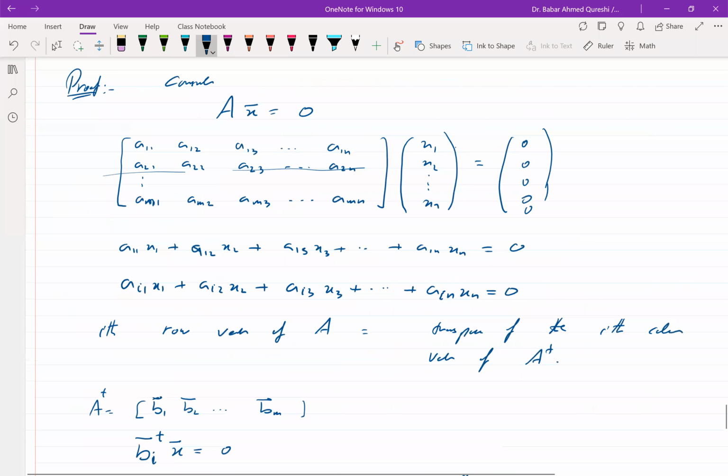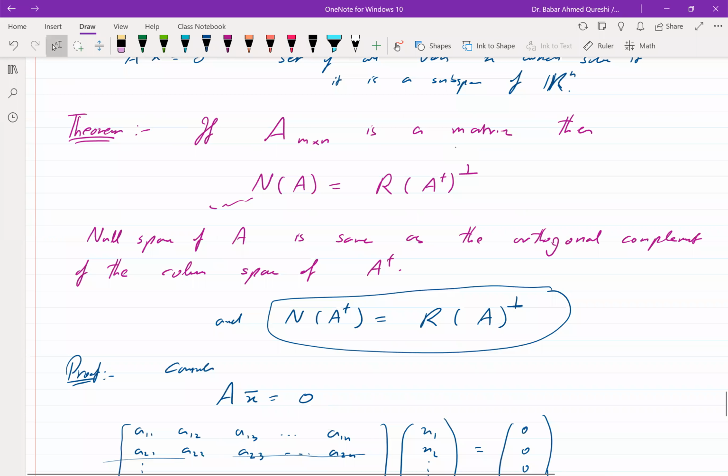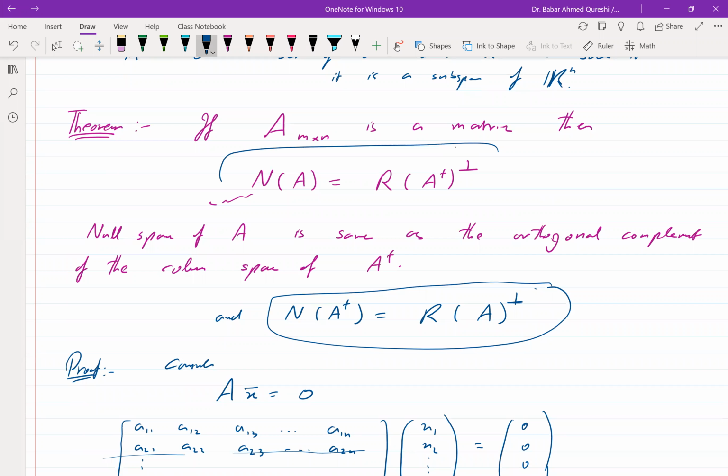But I haven't shown exactly this thing. This says something stronger.